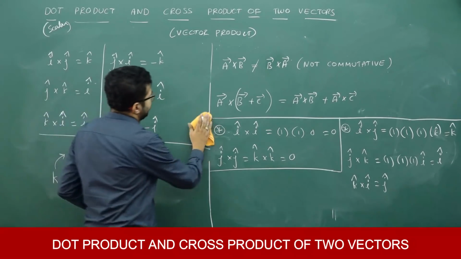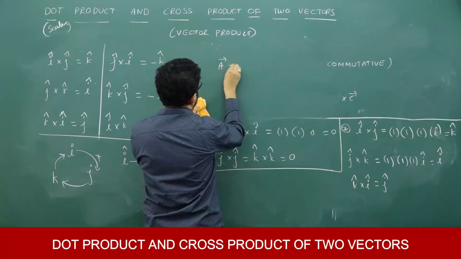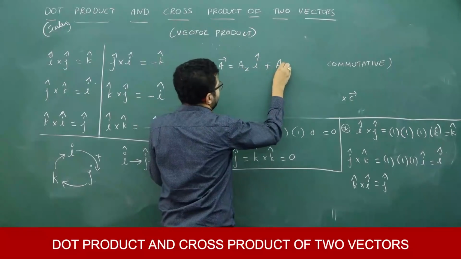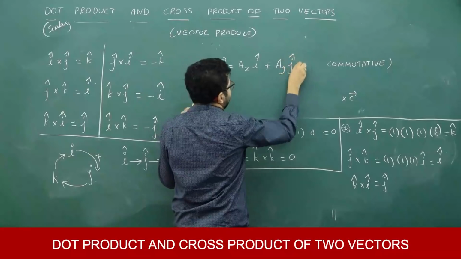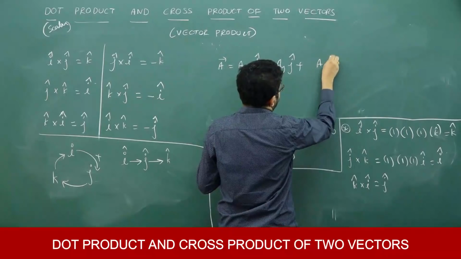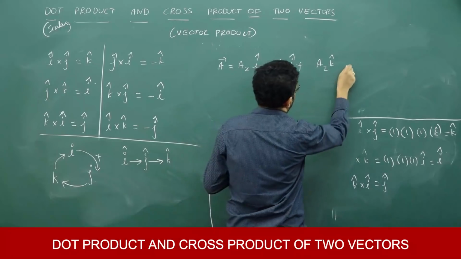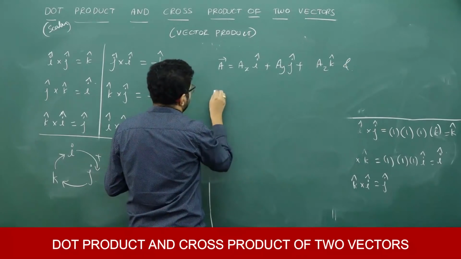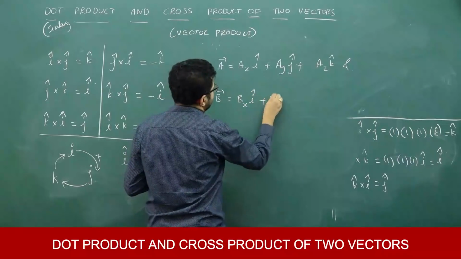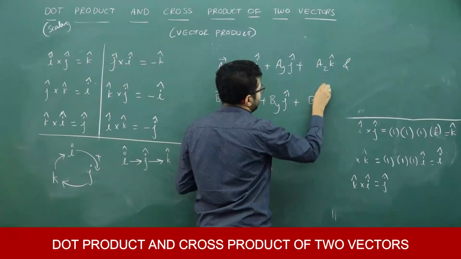Now, say vector A is given by A equals Ax i cap plus Ay j cap plus Az k cap, and vector B is given by Bx i cap plus By j cap plus Bz k cap.